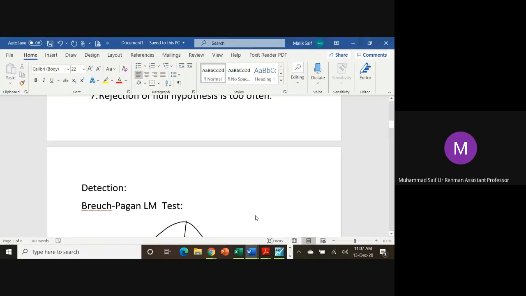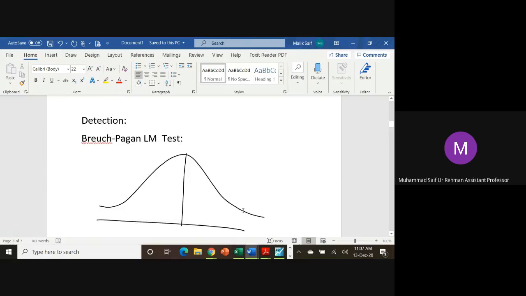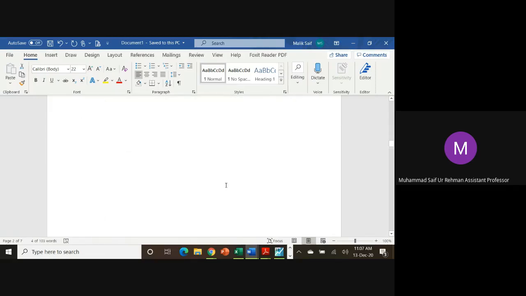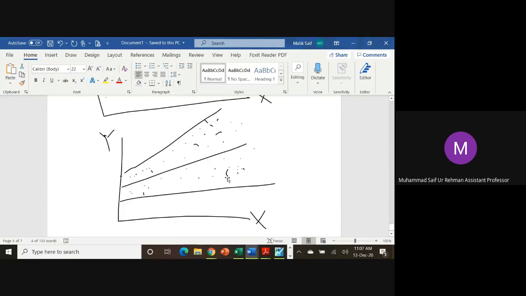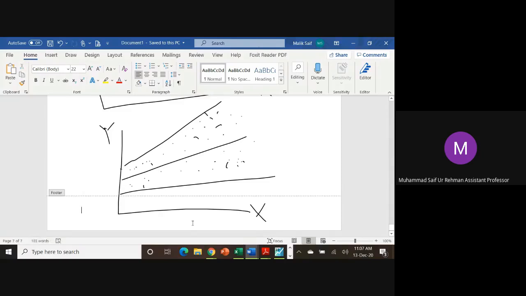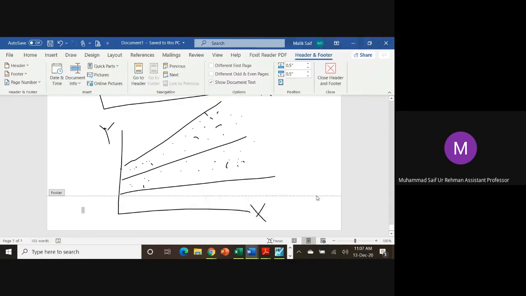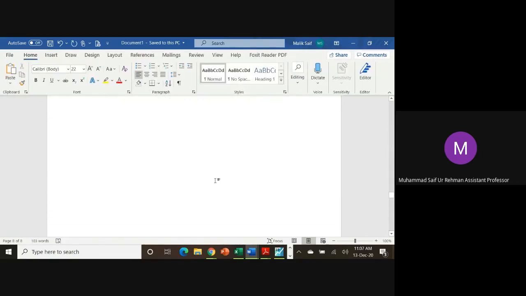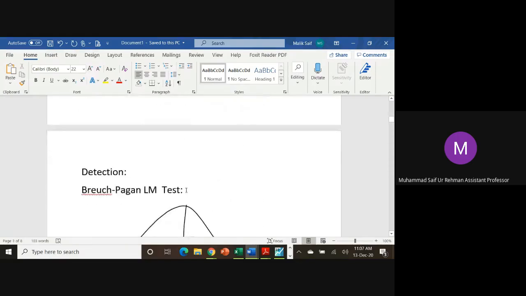Okay. What we do in this test, basically, better would be if I take into my account some other sheet. The last sheet better will be if I take, basically I am using my marker here.